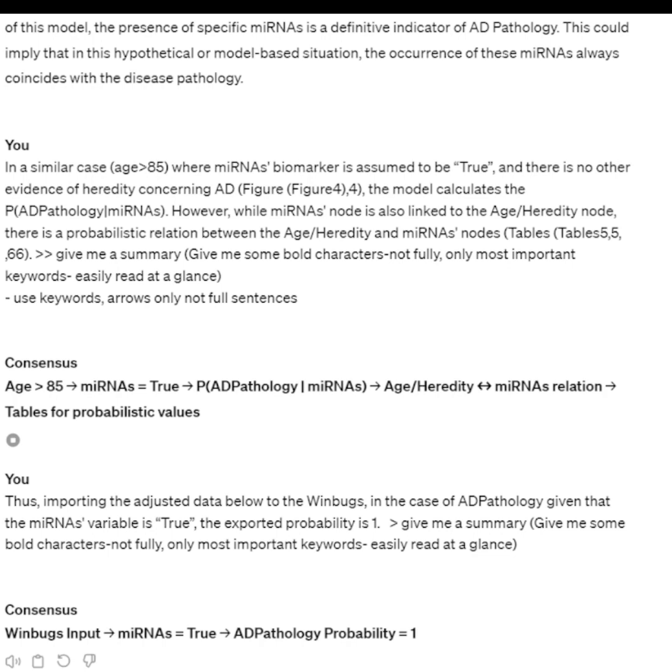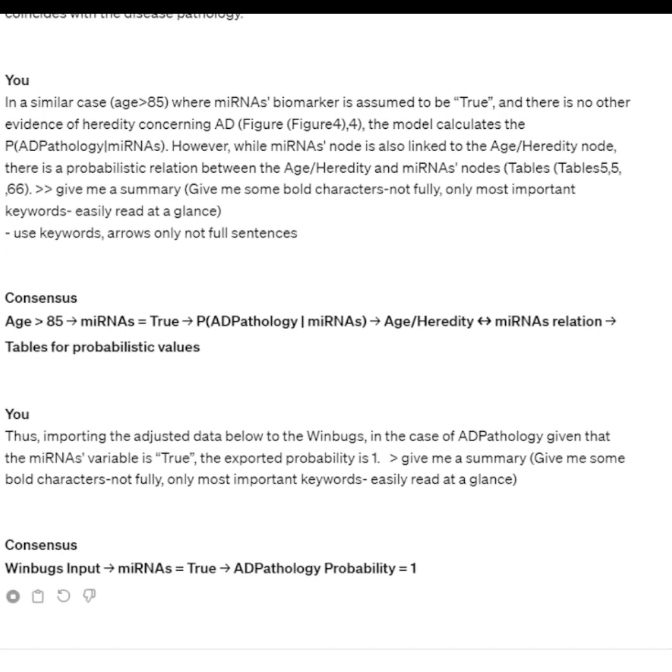Age, immunity, miRNAs, and antibodies are raised for probabilistic values. When WinBUGS input is true, the AD pathology probability equals 1.